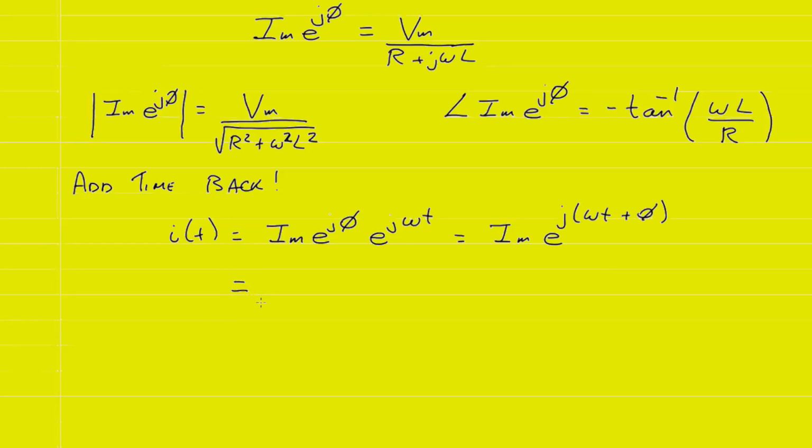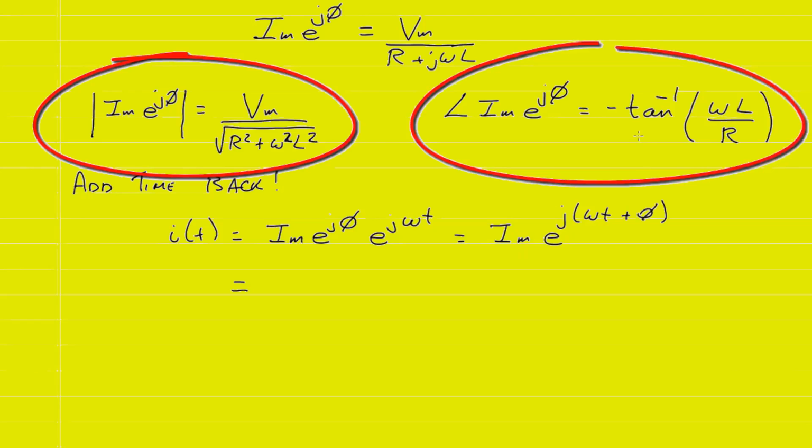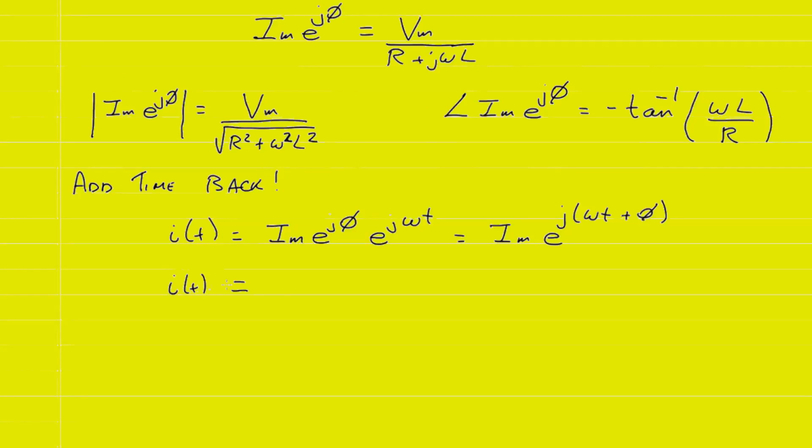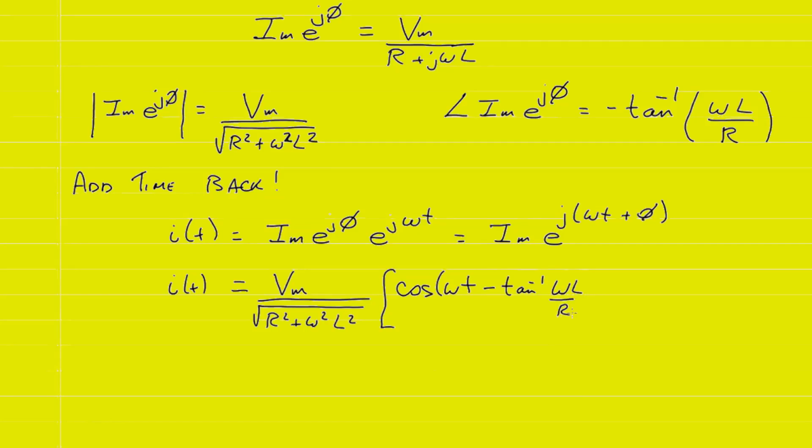I know my magnitude and my phase as given above. So I of t will be equal to Vm over the square root of R squared plus omega squared L squared, all times the cosine of omega t plus my angle, which is minus tan to the minus 1 omega L over R, plus j sine of omega t plus my angle, which is minus tan to the minus 1 omega L over R. And that completes our function.